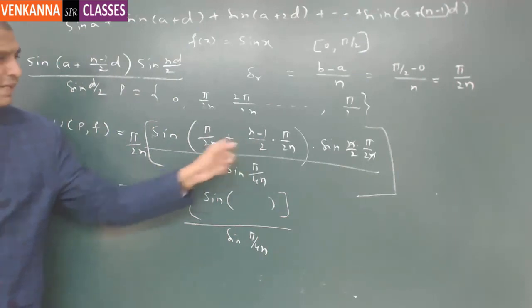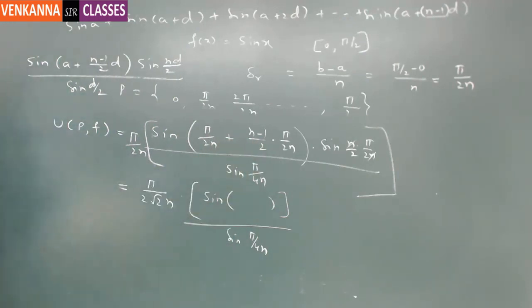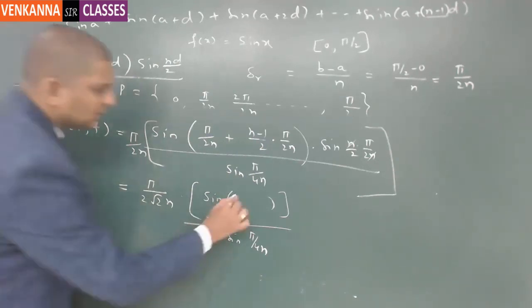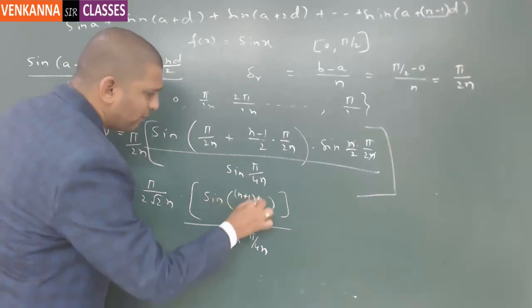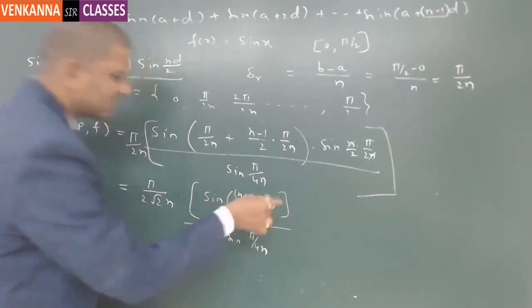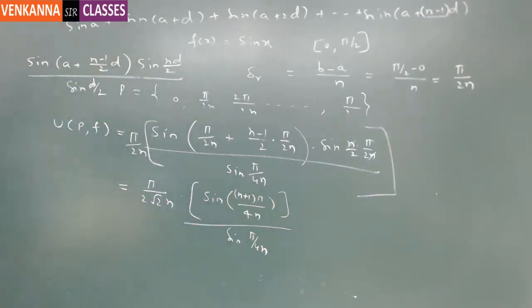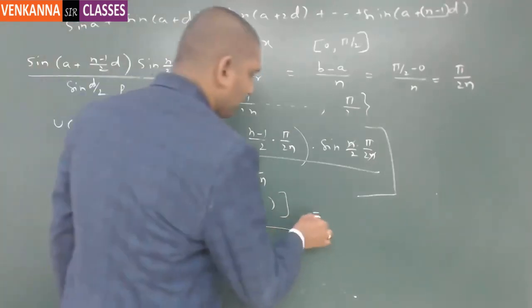Can you tell me the value by taking LCM here for the two terms there? Is it (n plus 1) of pi by 4n, nothing but sin of (n pi plus pi) by 4n? Or you can say like this.